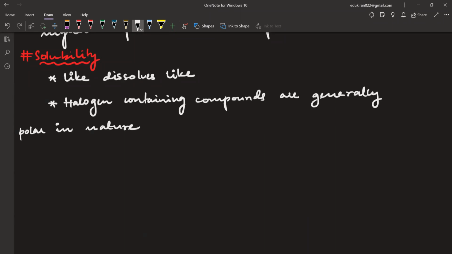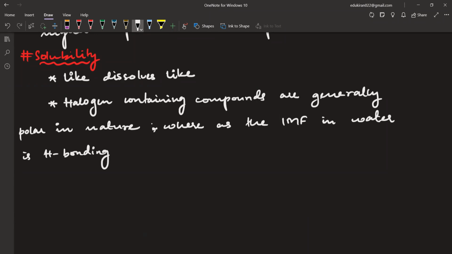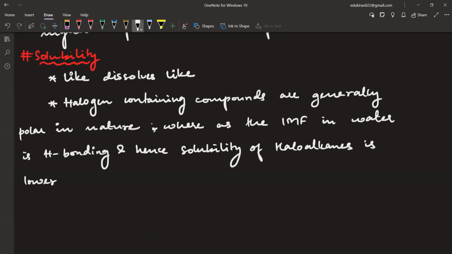Whereas the intermolecular force of attraction in water is hydrogen bonding, and hence the solubility of haloalkanes is lower in water.